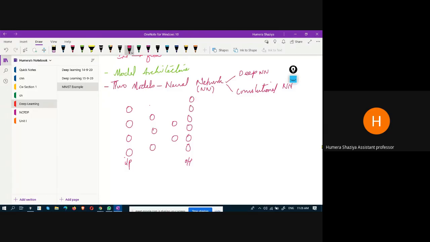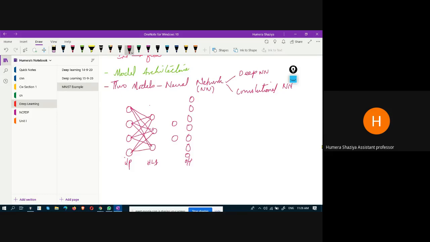Then the first node in the input layer is connected to the first node in hidden layer 1, and the second node and third node in hidden layer 1. The second node in the input layer is connected to all the nodes in the subsequent layer. The third one is also connected to all the nodes in the subsequent layer. The fourth one is also connected to all the nodes in the subsequent layer.